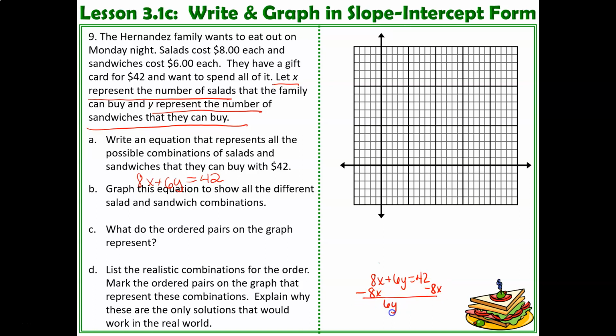So I have 6y equals negative 8x plus 42. I'm going to divide each side by 6. So I have y equals negative 4/3 x plus 7. I reduced negative 8/6 to lowest terms. Okay, so again, let's label by 5s.